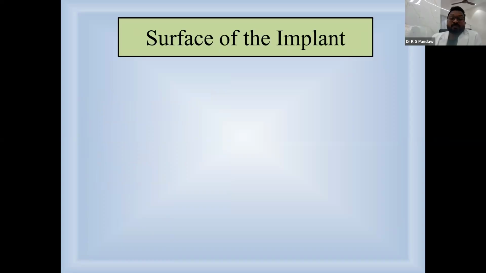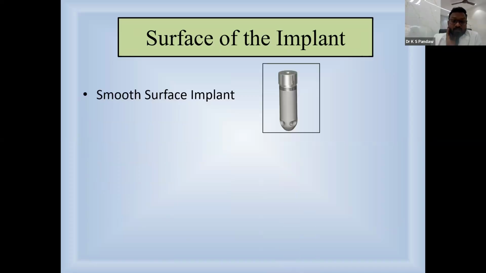If we classify implants according to surface, initially the implants we used were smooth surface implants. They don't have any surface characteristic or any thread or design over the implant surface. We had to do osteotomy, and we just tapped the implants into the osteotomy site.